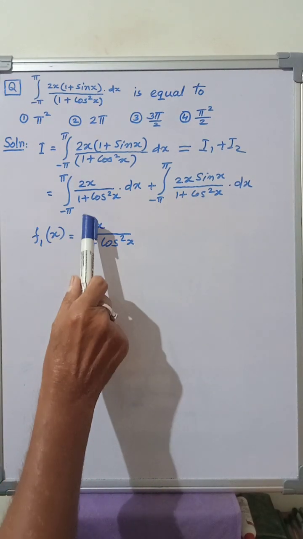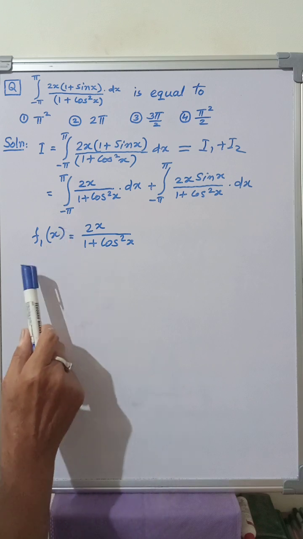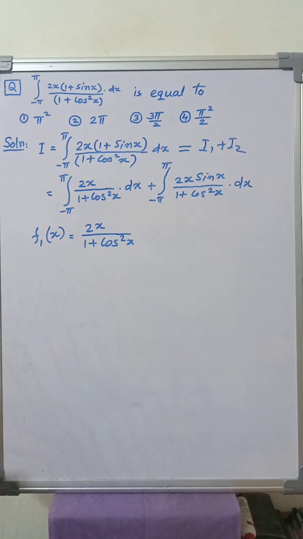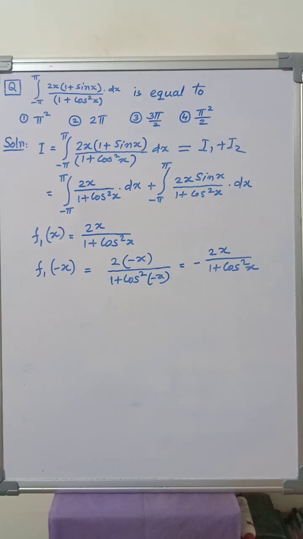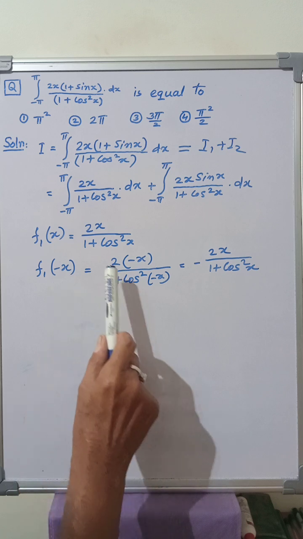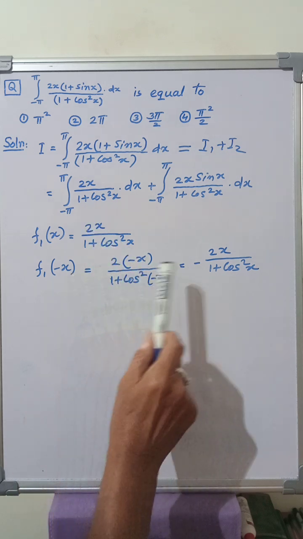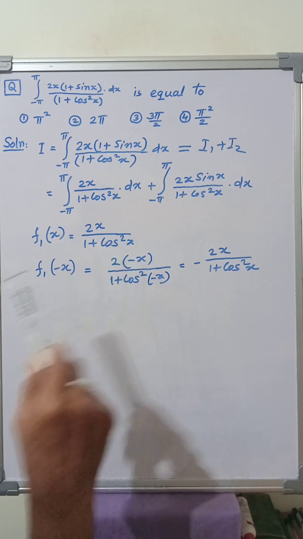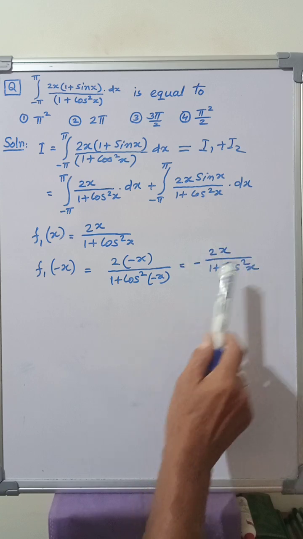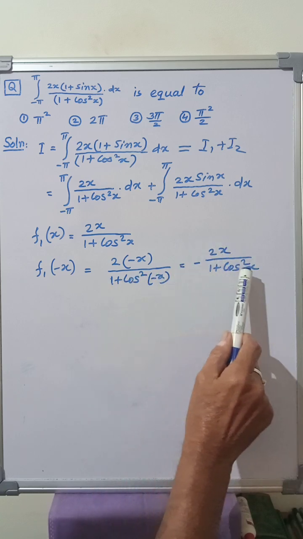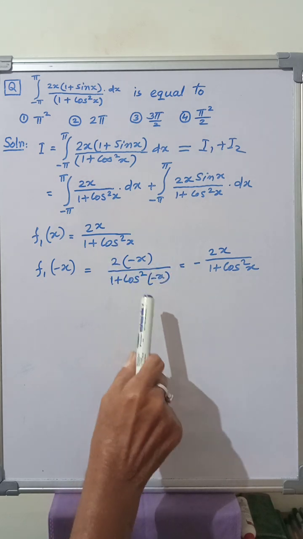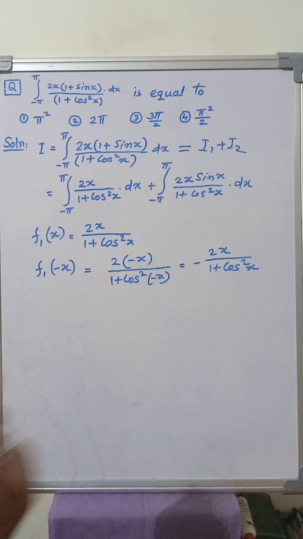Let us apply this rule to this. Now the function in the first integral we will designate as f1x, which is equal to 2x divided by 1 plus cos square x, which gives f1 of minus x equal to 2 into minus x divided by 1 plus cos square minus x, which is equal to minus of 2x divided by 1 plus cos square x, because cos minus x is also equal to cos x, therefore the square of it is always positive.